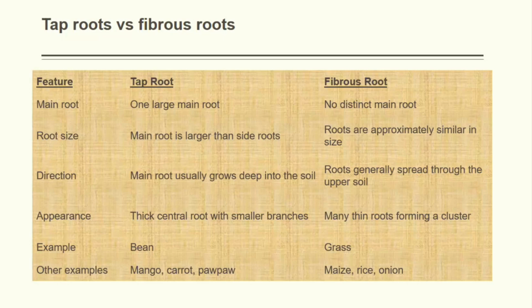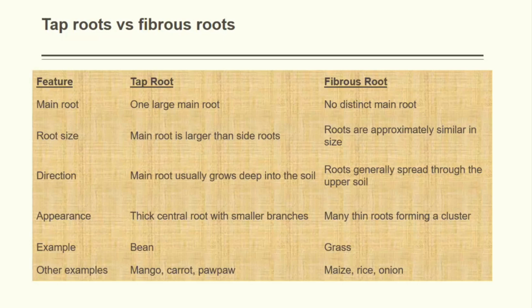Did you see that in the picture? When it comes to direction, the main root of the taproot grows deep into the soil, but the fibrous roots are generally spread throughout the upper soil.